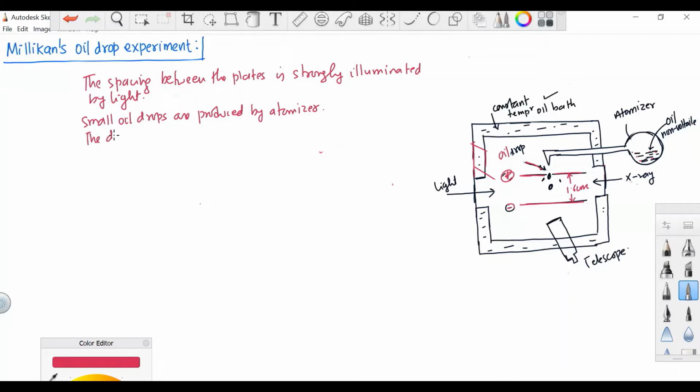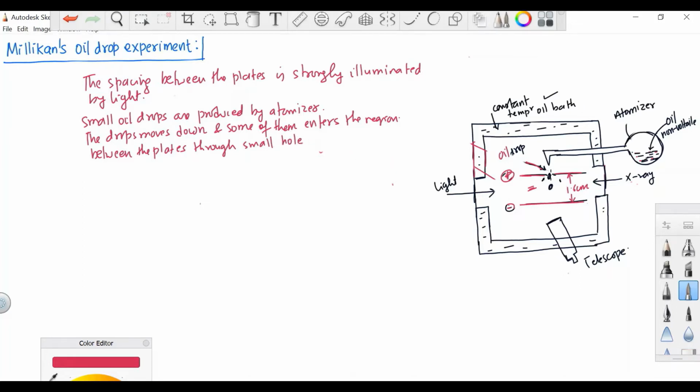The drops move down and some of them enter the region between the plates through a small hole.